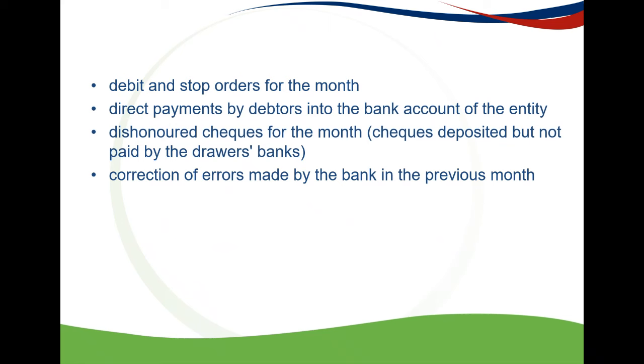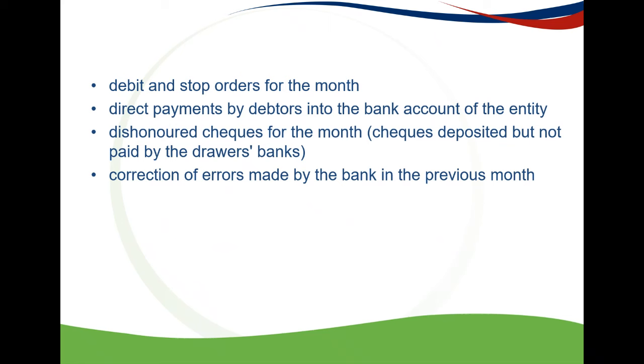We then record them on the bank reconciliation statement. So if we need to make those entries on the bank reconciliation statement, we're going to take the same principle that is applied in the bank statement. If it's a deposit that needs to be recorded, then that deposit will reflect on the credit side of the bank reconciliation statement, because deposits reflect on the credit side of a bank statement.